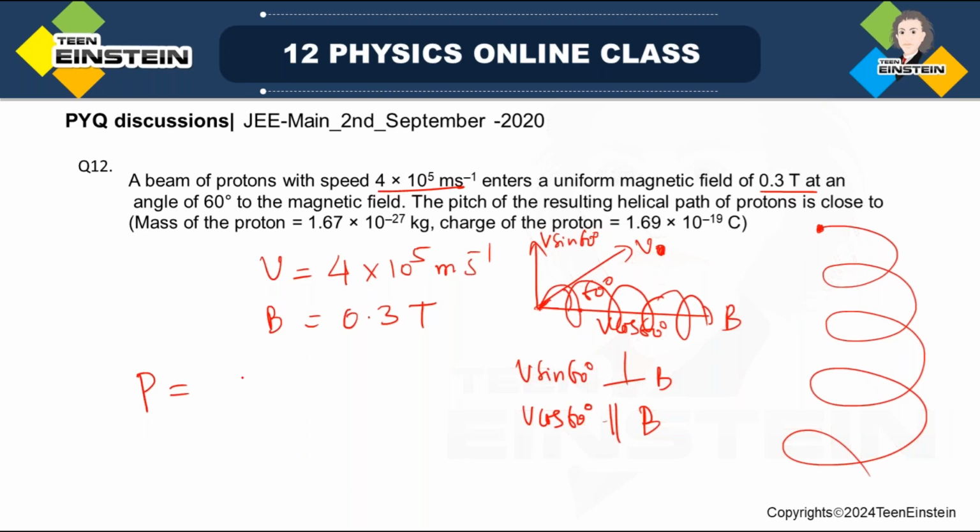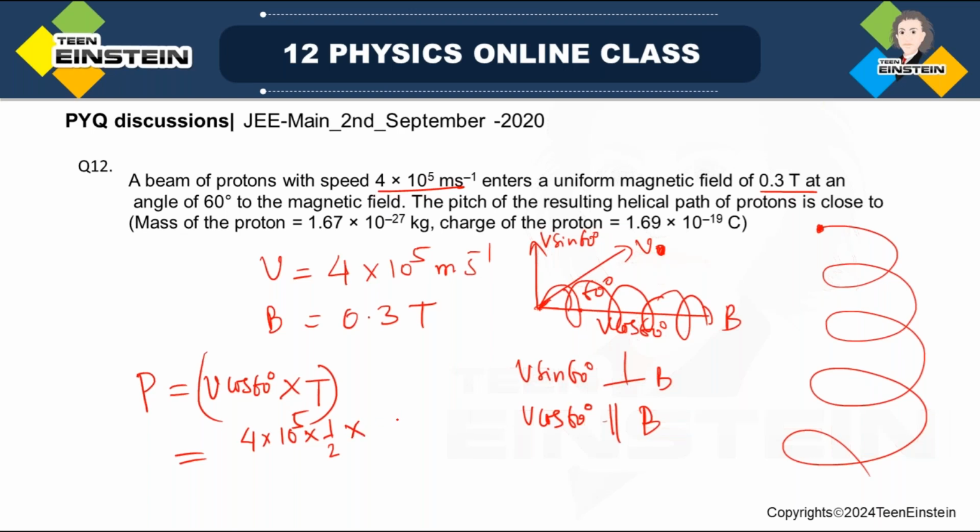That distance it moves in a straight line during one revolution is called the pitch. So how to find that length? In the horizontal direction you have velocity v cos 60 degree, a constant velocity. If you know the time period of revolution, this will give you the pitch. So 4 into 10 to the power 5 meter per second into cos 60, which is half.